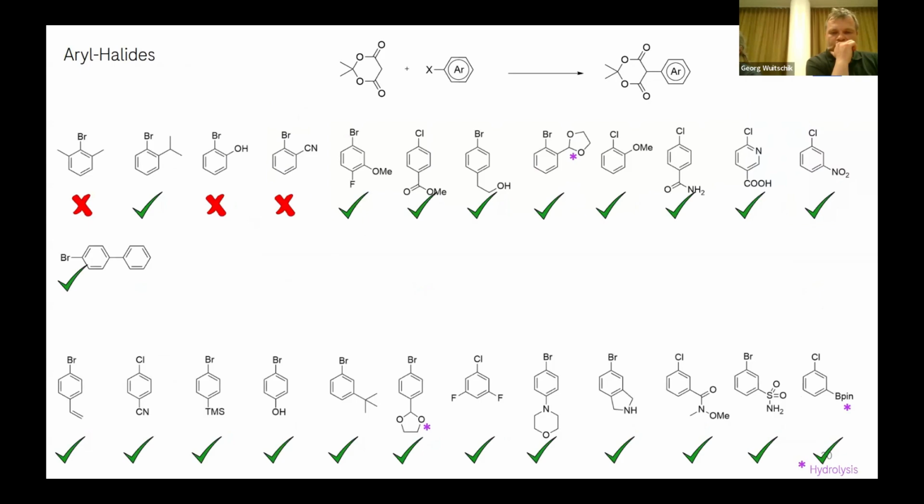And then also for the aryl halides, it is very similar. However, if you were listening closely, you realized that, for instance, the isopropyl or also this ortho-methoxy here with the chloro didn't work with the barbituric acid. However, with the Meldrum's acid, now we have a green tick.